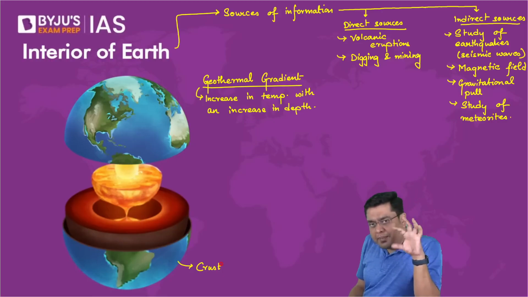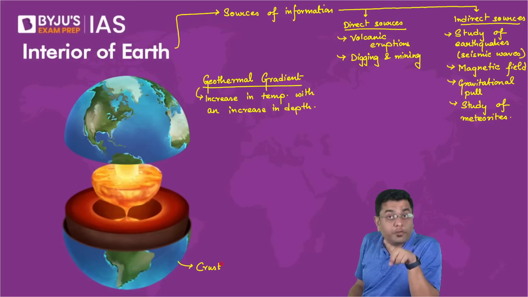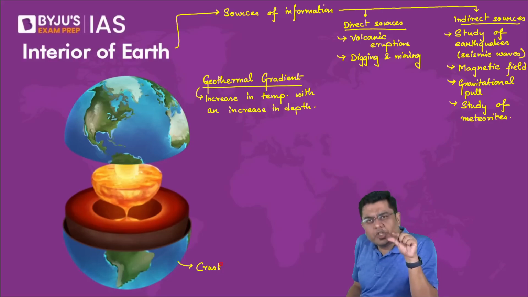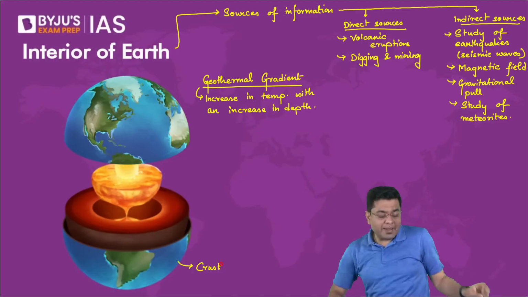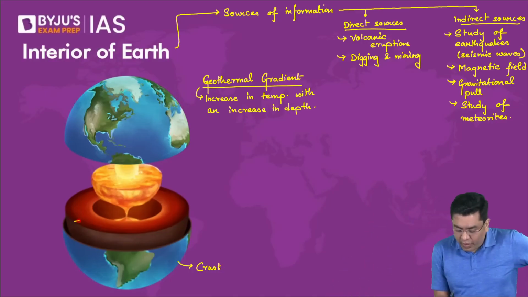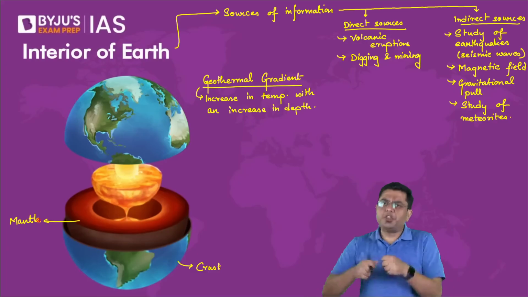Then after the brown outer crust, in the case of the coconut, you come across the white fruity part, which is also solid, but it can change its shape. It has a greater density, isn't it? That is what represents your mantle. It is also solid, but it has very high density. It can change shape.